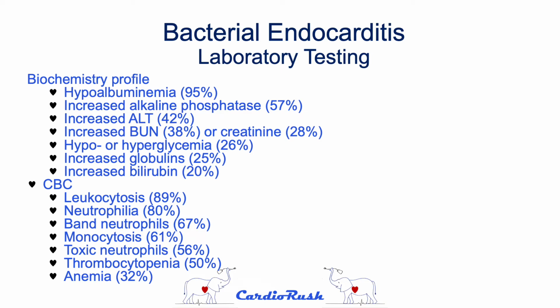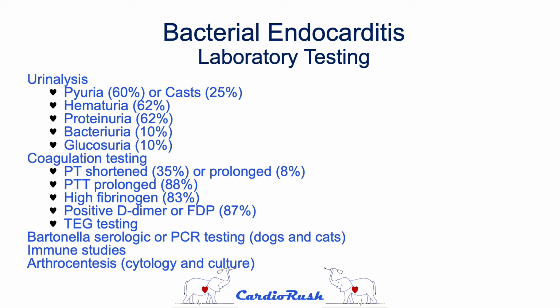Abnormalities on the complete blood count in dogs might include leukocytosis, neutrophilia, a left shift with band neutrophils. Monocytosis is relatively common, and toxic neutrophils, thrombocytopenia, or anemia may also be seen. On a urinalysis, you may find evidence of bacterial infection or casts, and hematuria, proteinuria, or bacteriuria may be noted.